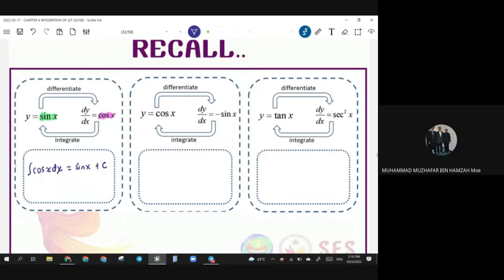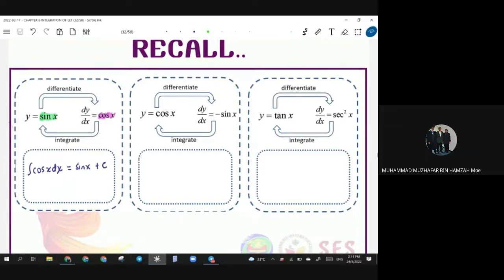Because of the reverse process je sebenarnya. If you really understand that integration is actually the reverse process, it will make your integration a little bit easier.